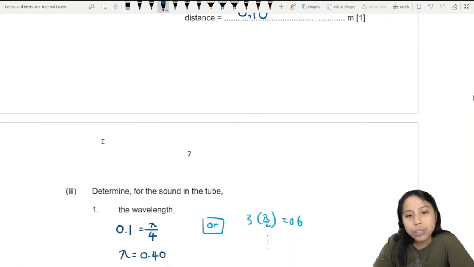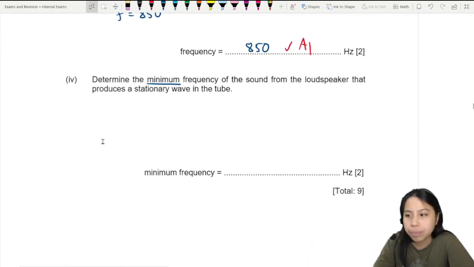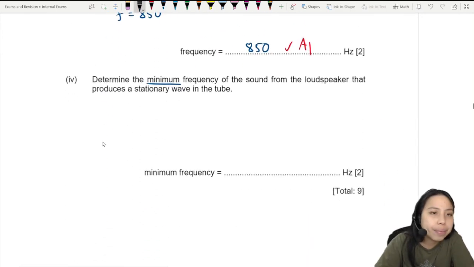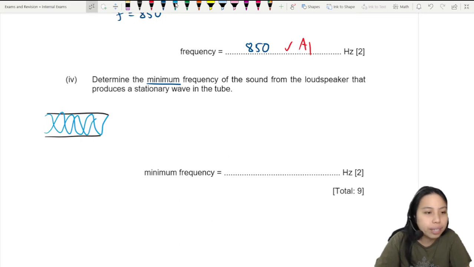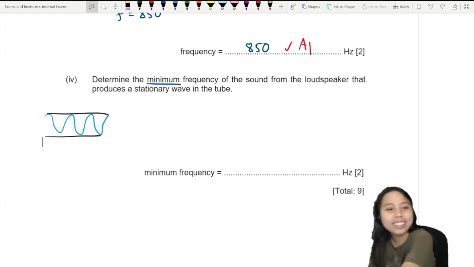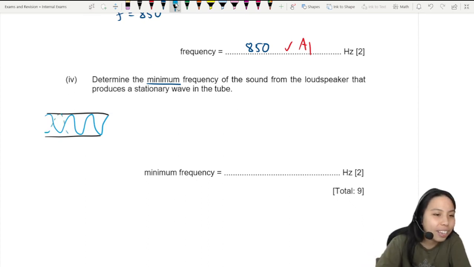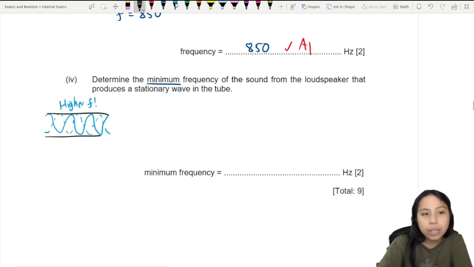So let's draw some diagrams here. Okay, so just now you had a high frequency. Your wave looks something like this. Let's not draw so many like this. Let's use dotted lines so we are less confused with the drawings. Okay, so the example of a higher frequency. So you want a lower frequency.